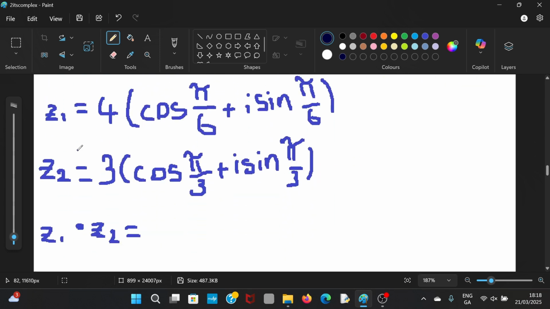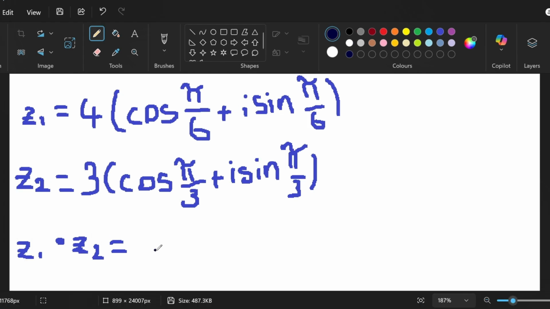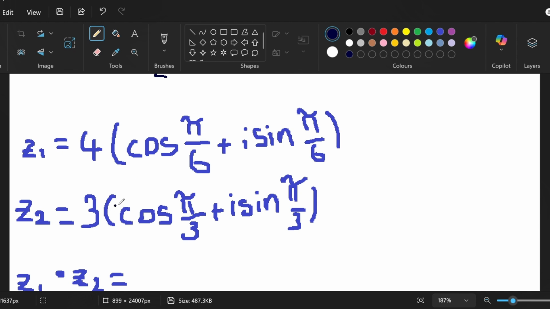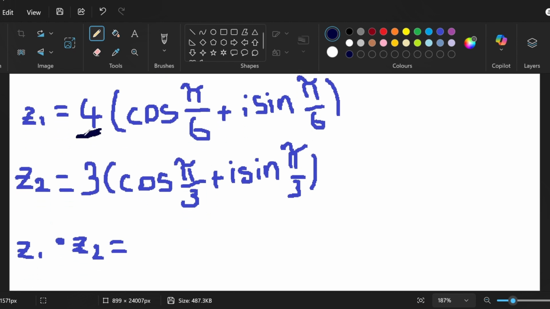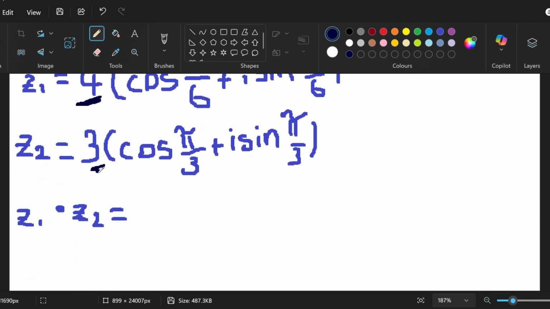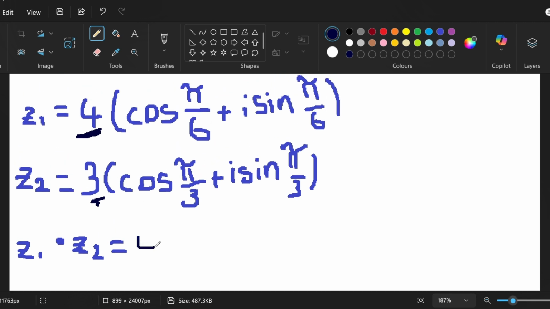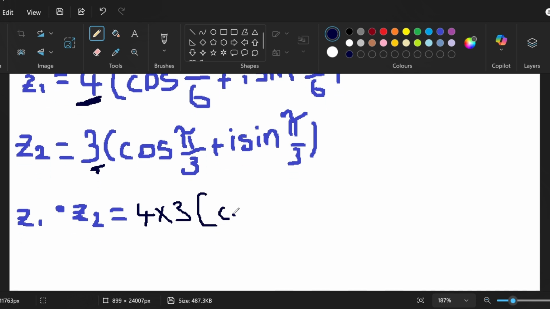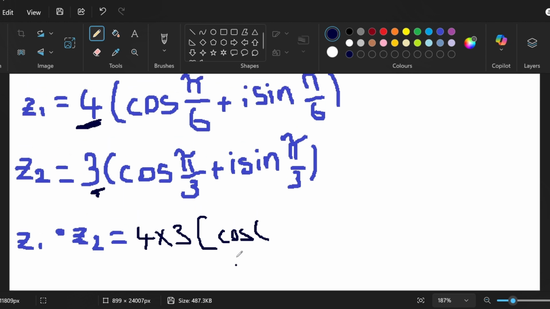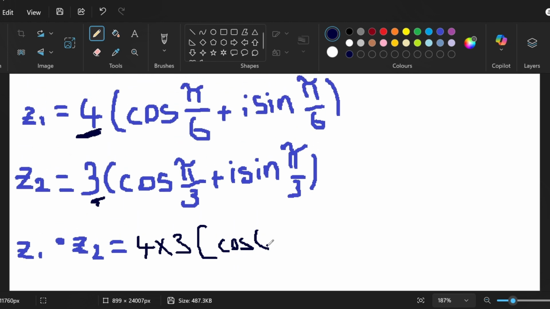For an example, let's take that z1 is equal to 4 cos pi over 6 plus i sine pi over 6, and z2 is equal to 3 cos pi over 3 plus i sine pi over 3. So using our formula from above, and given that this is in polar form, we know that R1 is 4 and R2 is 3. So our answer is going to be R1 times R2 times cosine of theta 1 plus theta 2.